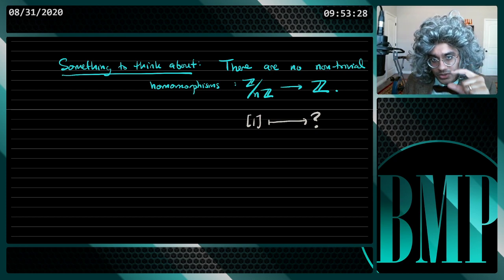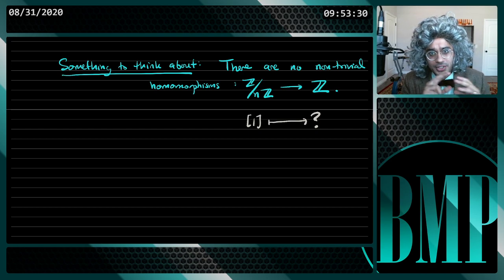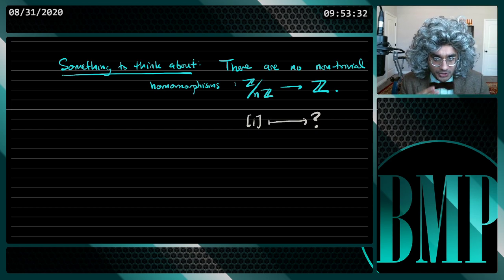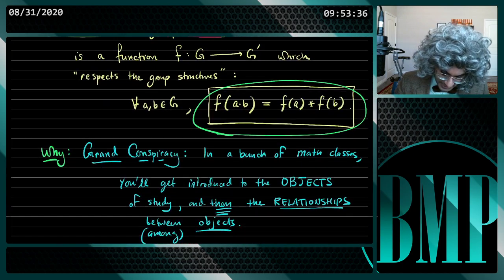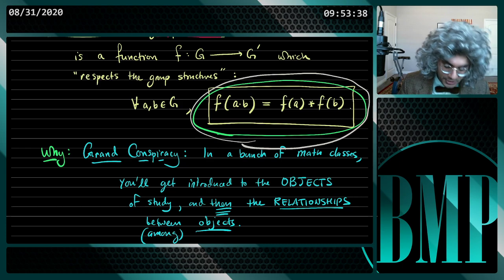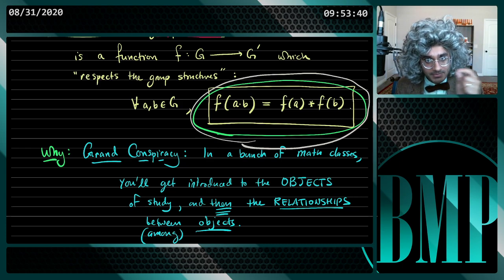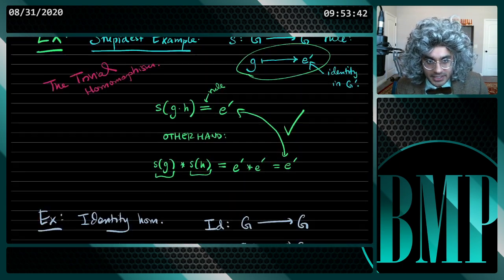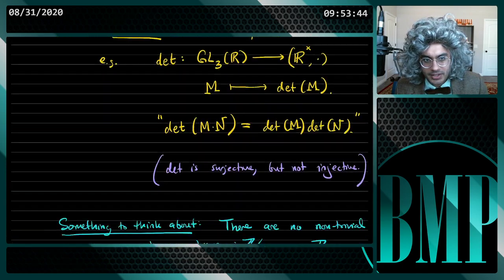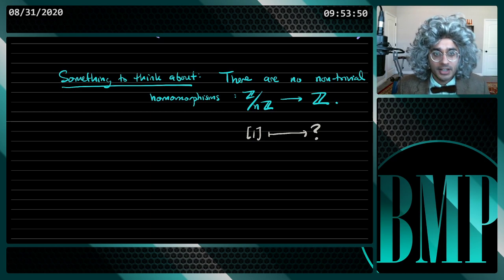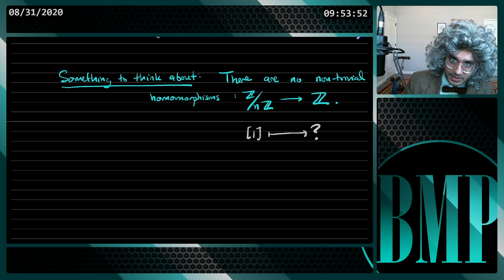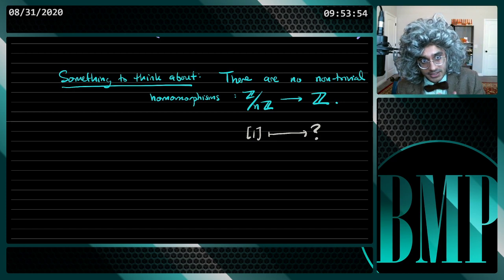Wherever it goes, use the group structure-preserving formula to deduce, using it n times in succession, that the element 1 could only go to the number 0. There was no other option for constructing a homomorphism from Z mod NZ to Z.